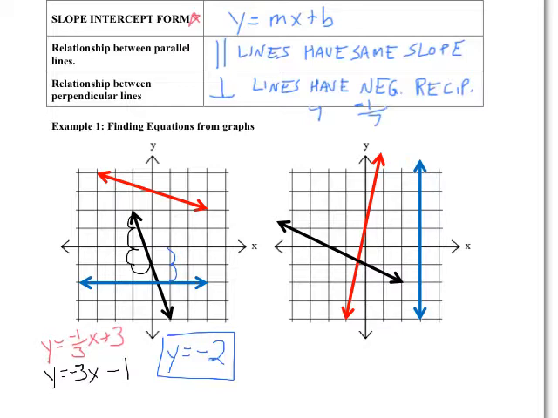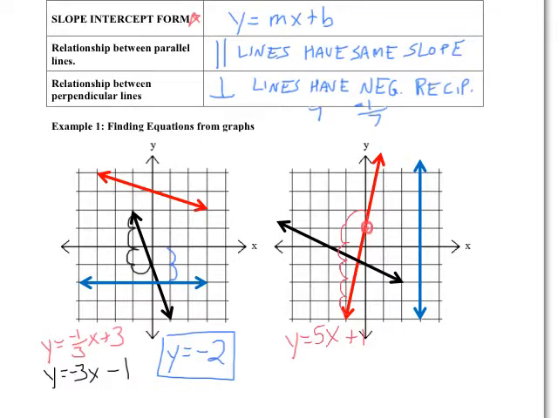The second example here, we'll start with a red line. The red line has a y-intercept of 1, so we can write plus 1, and it looks like the slope is, a little bit harder to see this one, but you can see 1, 2, 3, 4, 5, run 1, so it's got a slope of 5, so y equals 5x plus 1.